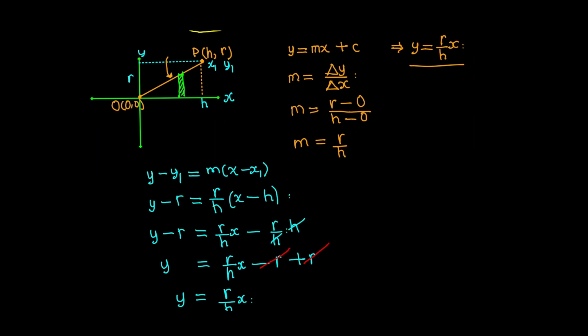Now our rectangle here has a small width delta x, and from here up to there was r. We can have this in terms of y, because this value r is along the y-axis, and because this one is vertical, then this must also be y.